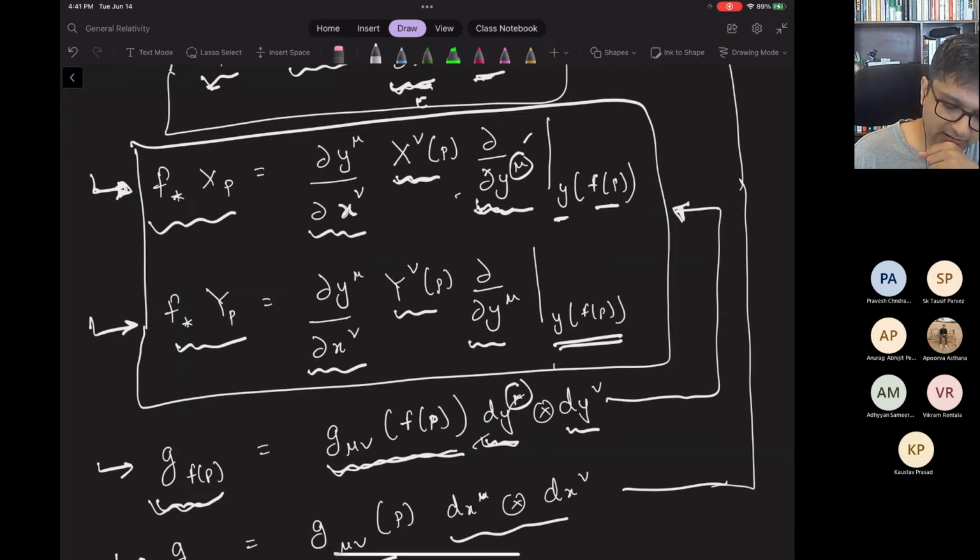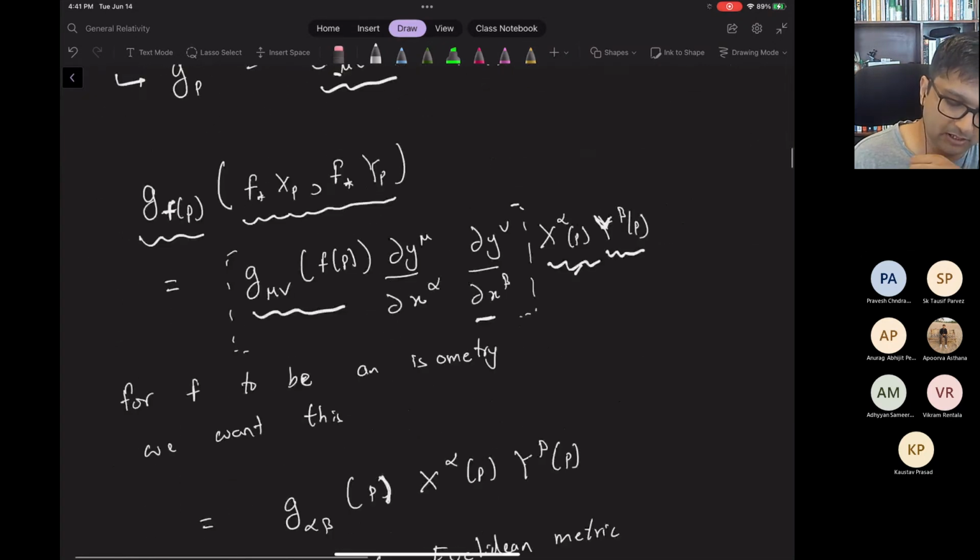And similarly, when this acts on this, it will get rid of this and set this index equal to ν, and then I have to replace this by a new dummy index. So what I'll get is ∂y^μ/∂x^α, ∂y^ν/∂x^β, X^α, Y^β of P. So this is just G acting on the push forward vectors.